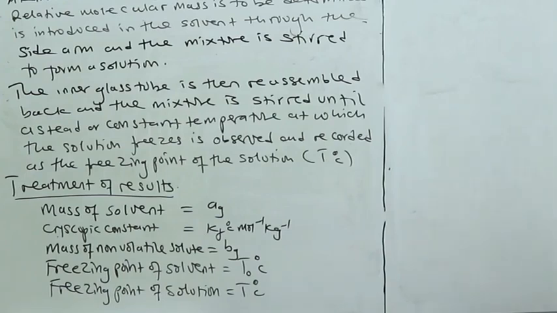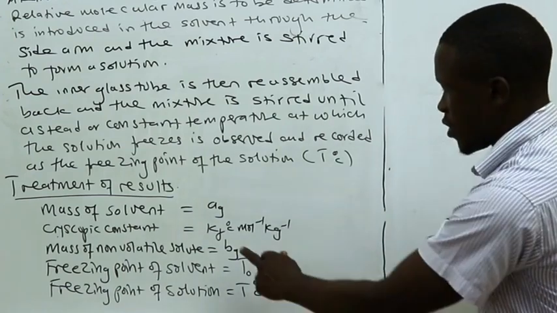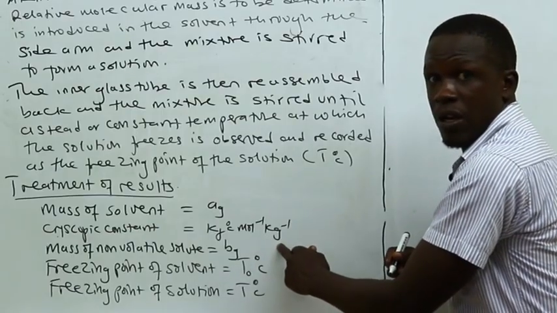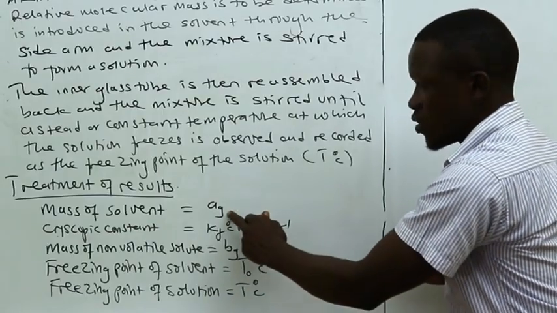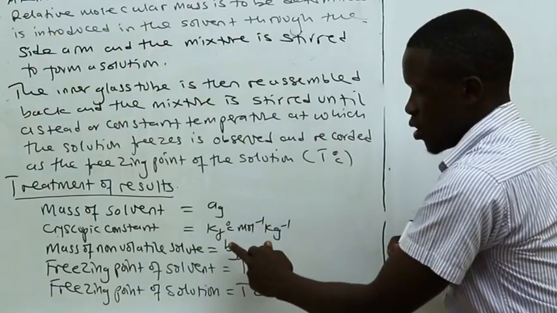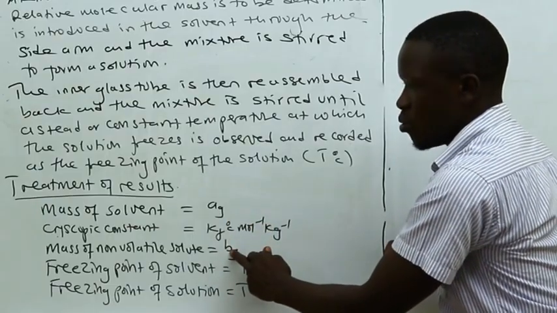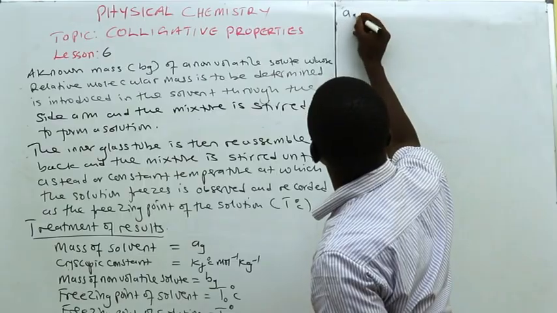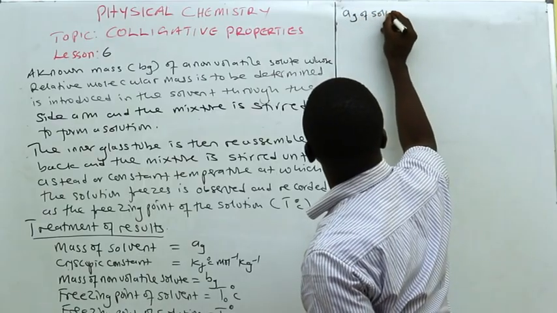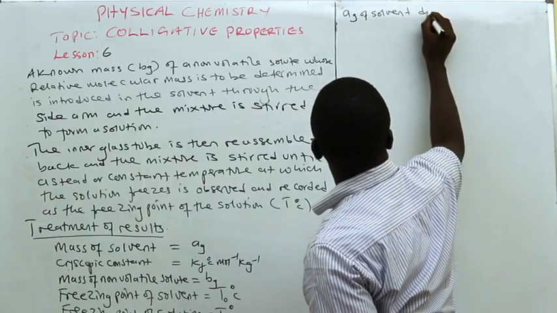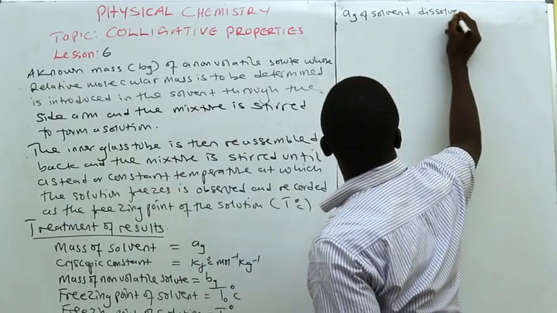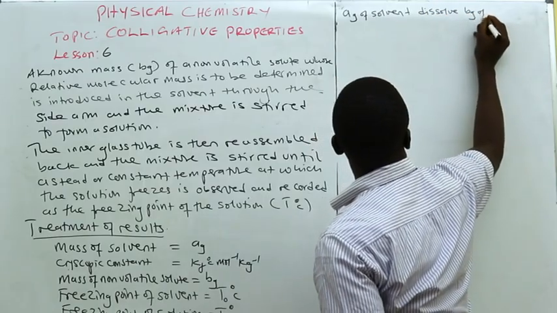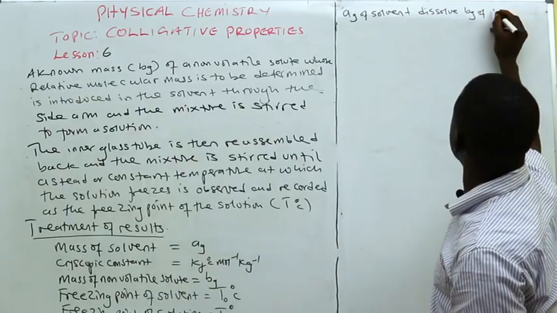So what are we going to do here? If this Kf is per kilogram, then we are going to change this mass into 1,000 grams of the solvent. So we can say that A grams of the solvent dissolve B grams of the solute.